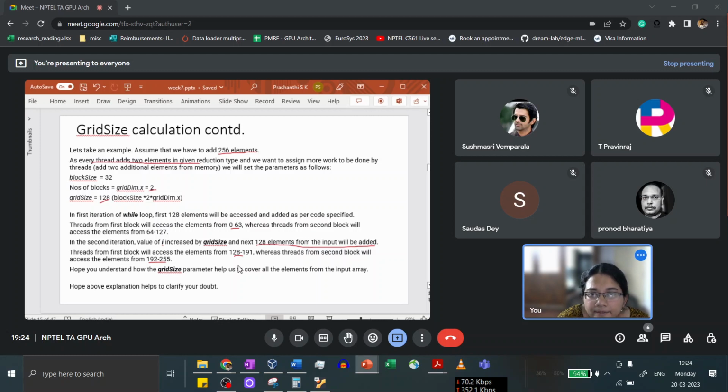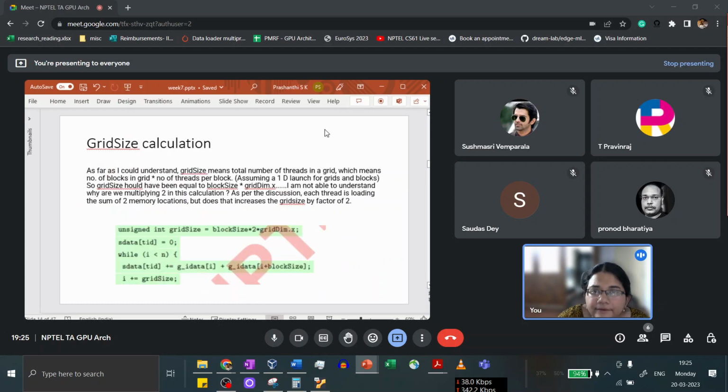Once one set of accesses is done, the increment should not be by just block size into grid dimension. It should include this factor of 2, because if I just do 63 or 64, that wouldn't be enough, since every thread is going to access 2 elements. So I should actually do 128. That's the reason why we have a factor of 2 coming in.